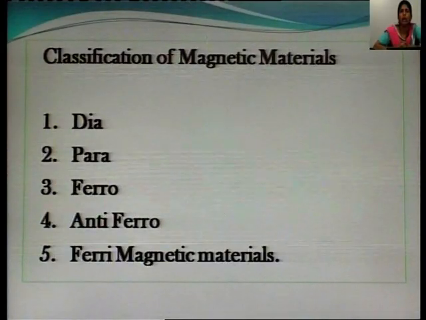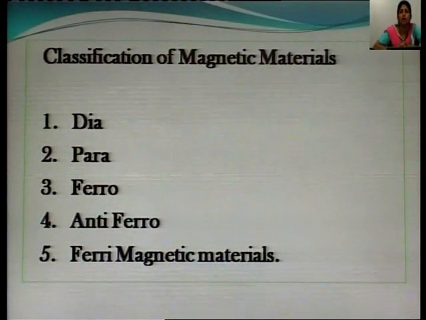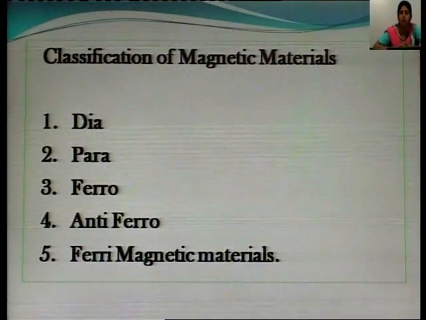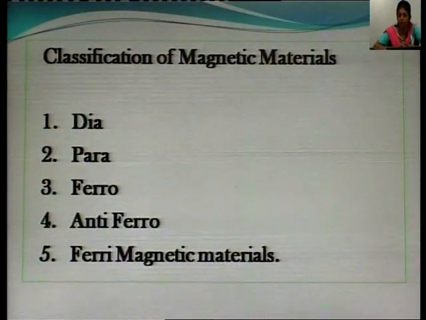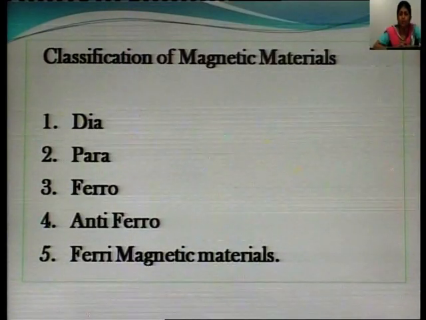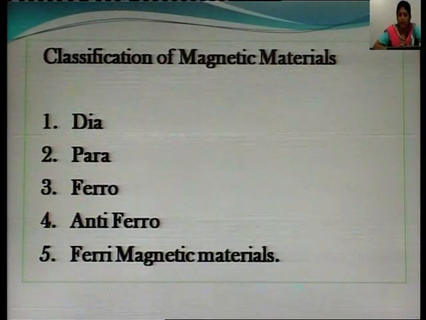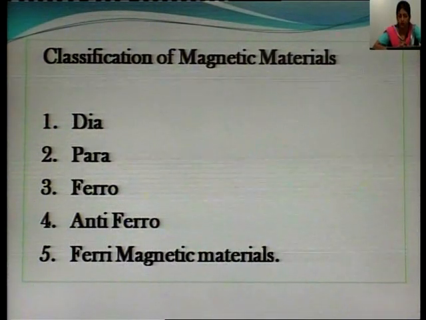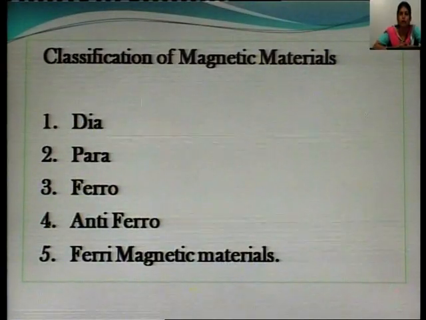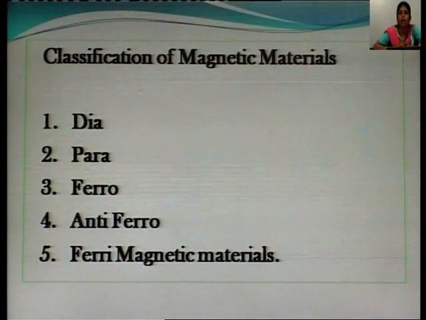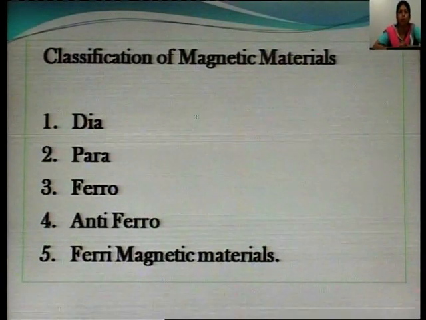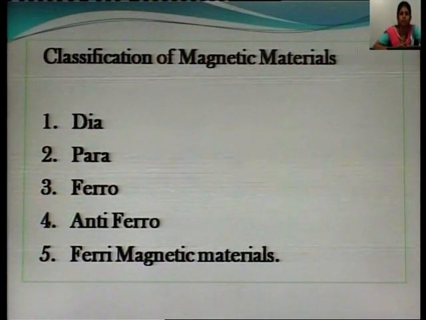Again, these non-magnetic materials can be classified into two types. It may be paramagnetic materials or it may be diamagnetic materials. Paramagnetic materials are those which are weakly or slightly attracted by a strong magnetic field, and examples are aluminium and platinum. For these the permeability is slightly greater than 1, and it has a comparatively low value as compared to the ferromagnetic materials.